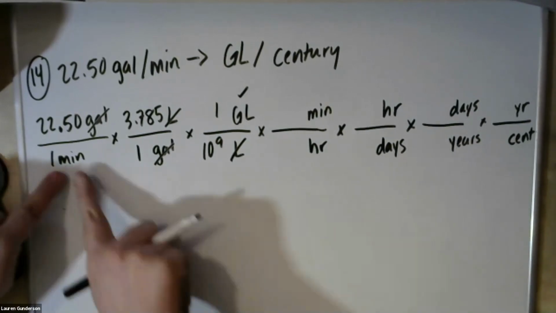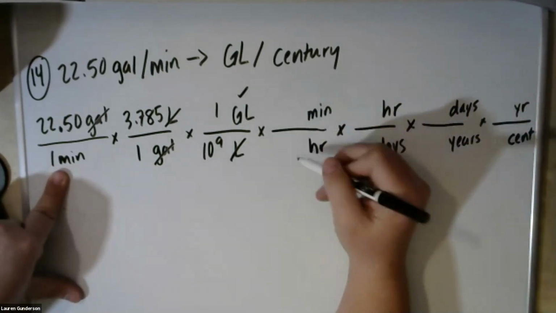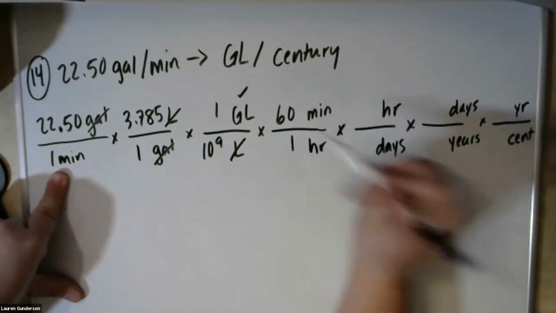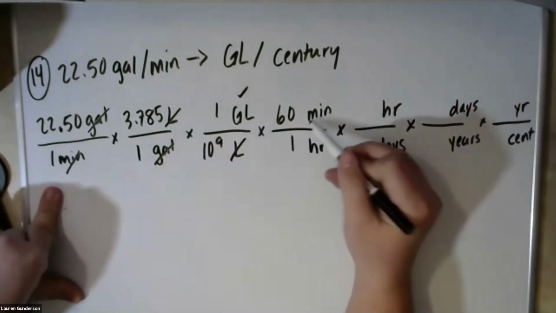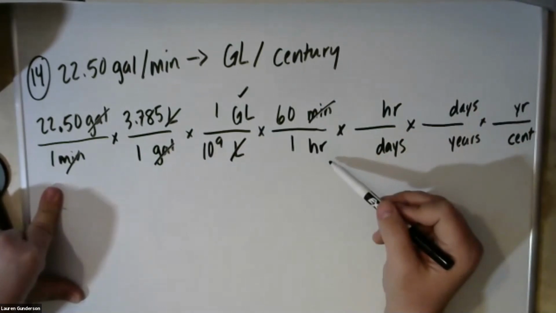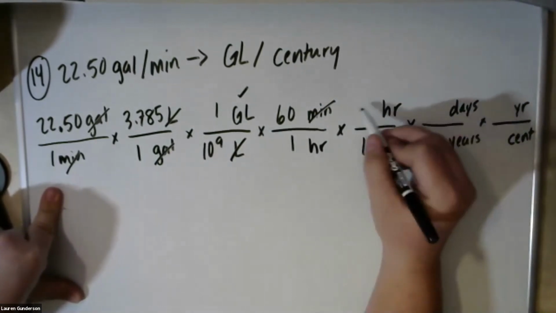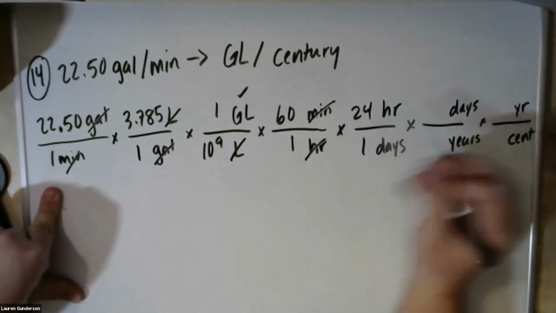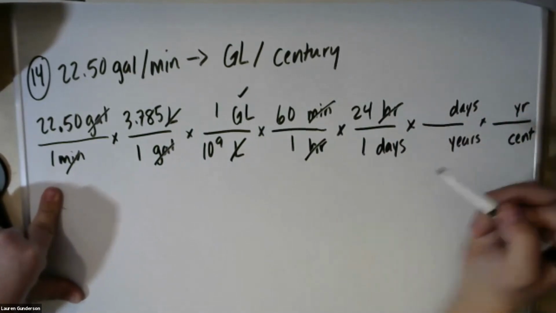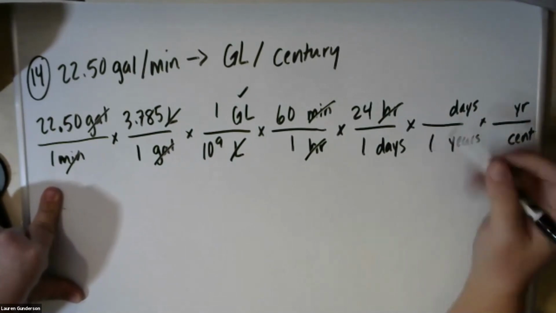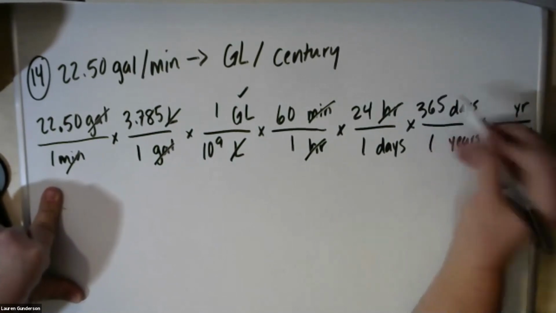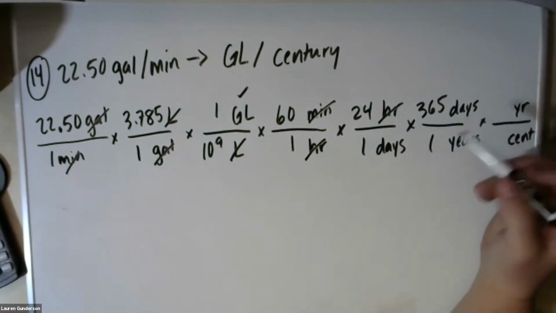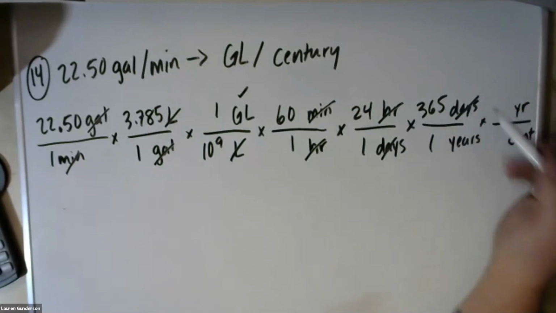Okay, so I start here. I know that in every 1 hour, there are 60 minutes. So now my minutes have canceled out. I know that in every 1 day, there are 24 hours. So now my hours have canceled out. I know that in every 1 year, I have 365 days. So now my days have canceled out.